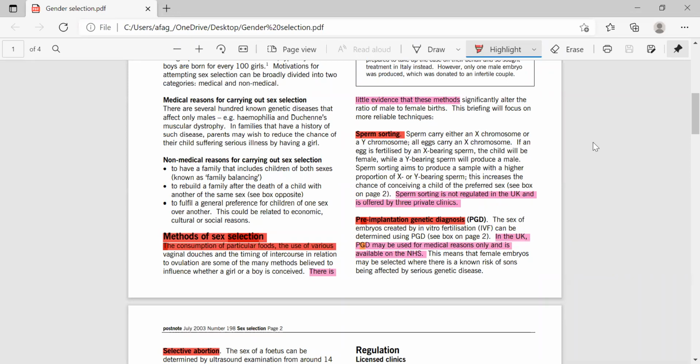They add certain chemicals and classify the sperm: this sperm has the X chromosome, and this sperm has the Y chromosome. They take the sperm that has the Y chromosome and give it to the woman if she wants a boy, and the opposite is true.